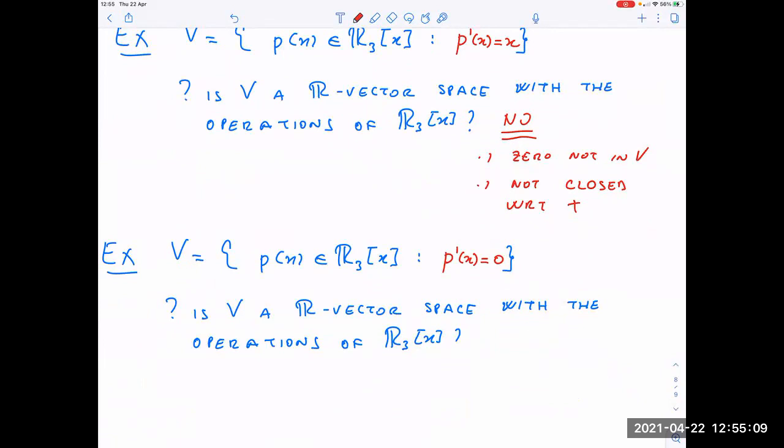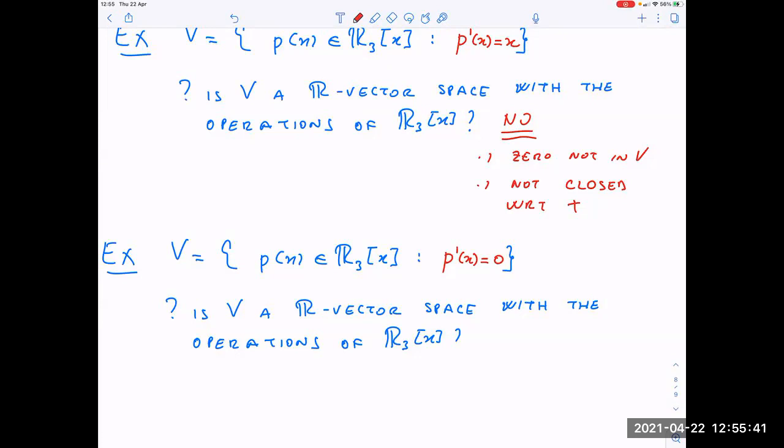Again, you only need to check closure. Looking for 0 is a shortcut for checking if it is a vector space or not. But what happens if 0 is there? So you see, when the answer is no, usually there are quite a lot of different ways to say it is no. But what if the answer is yes?